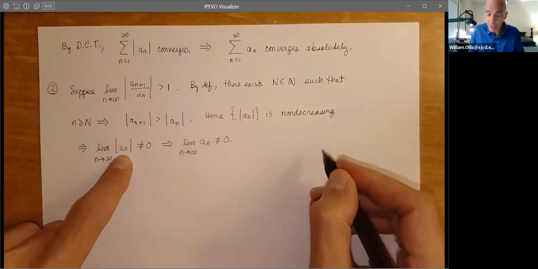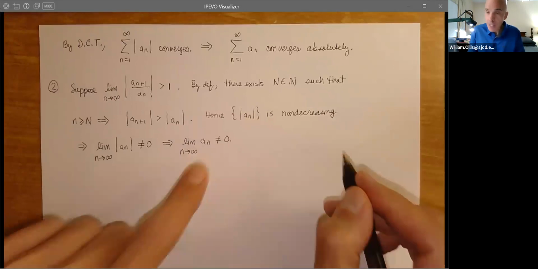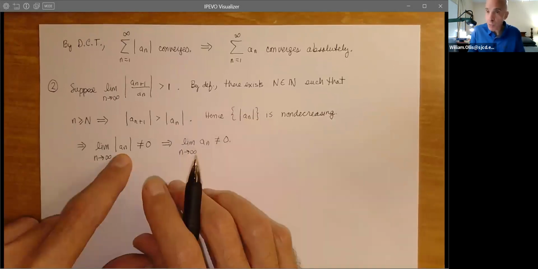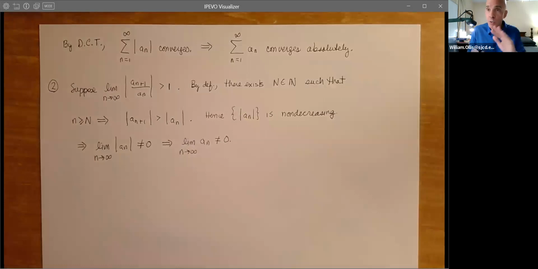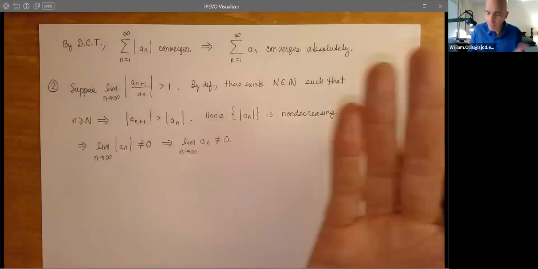If this doesn't have limit 0, then there's no way that this could. And again, if this is already a positive term sequence, we're done. And if it's alternating in sign or jumping around or whatever, we would have a subsequence that would not go to 0. And if you've got subsequences not going to 0, the whole sequence could never go to 0. So that's basically common sense.